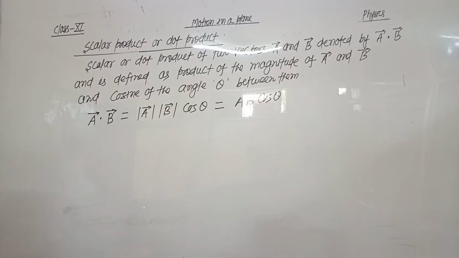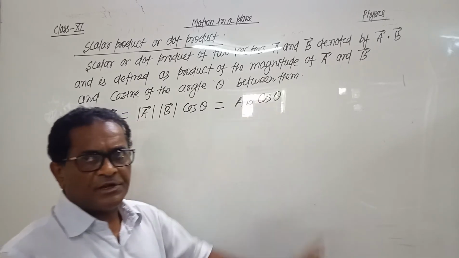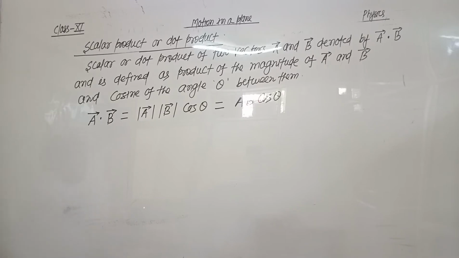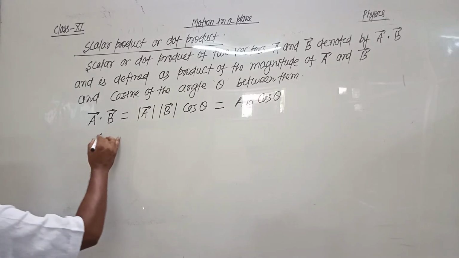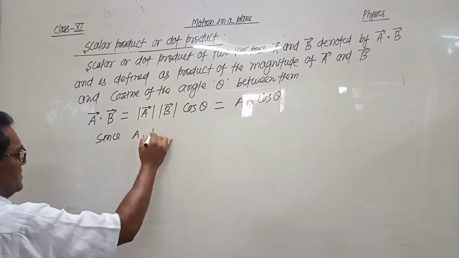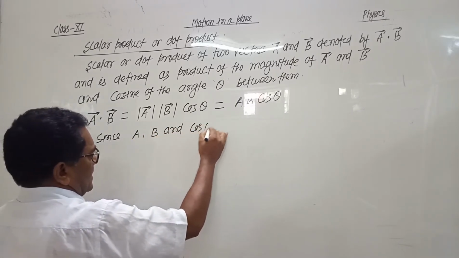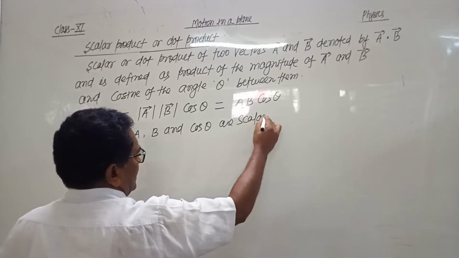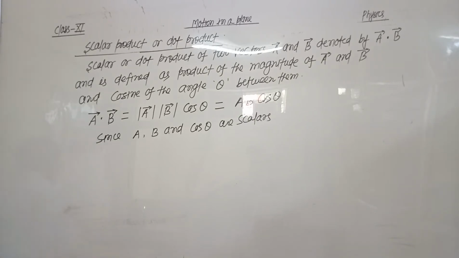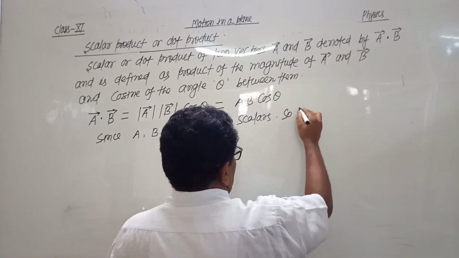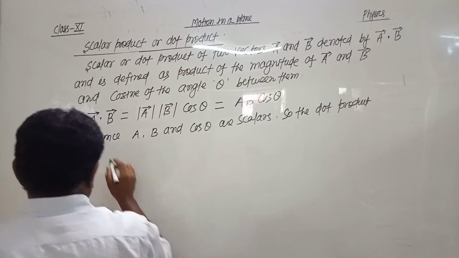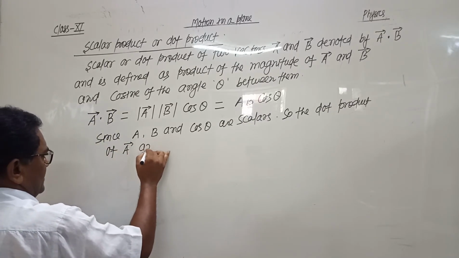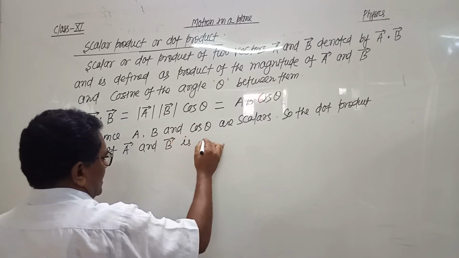On the right side, A, B and cos theta are all scalars, so there is no vector sign. Therefore the dot product of vector A and vector B is a scalar quantity.